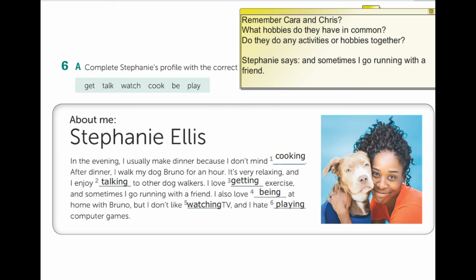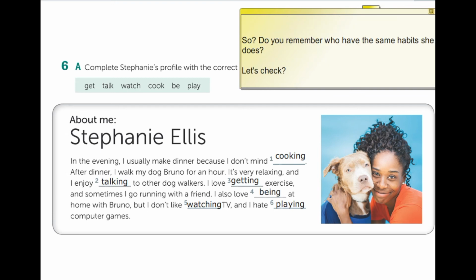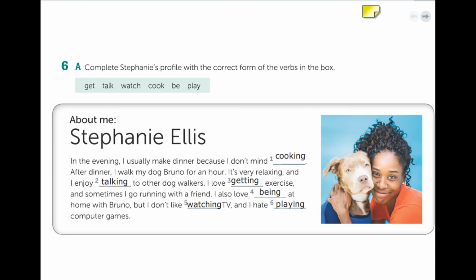Remember that Stephanie says here in the text that sometimes she goes running with a friend. Remember here she says, I love getting exercise and sometimes I go running with a friend. The question is, do you remember who have the same habits Stephanie does? Who are they? Can you remember that?